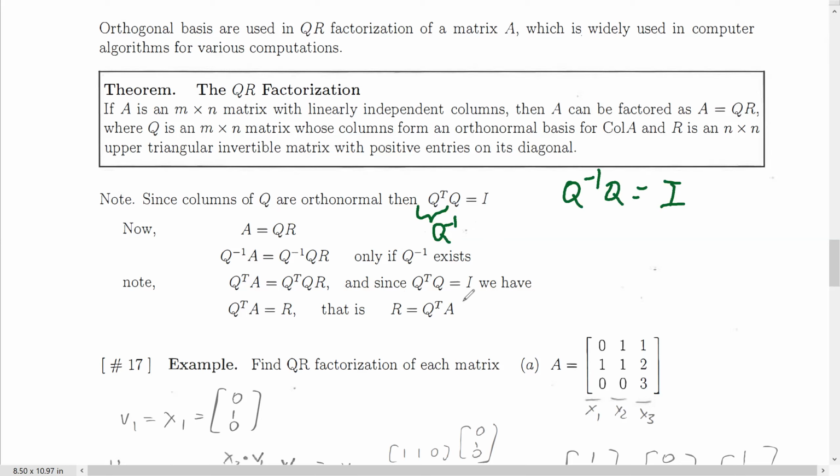But Q inverse is the transpose, so I have Q transpose A equal to my matrix R. That is how we're going to calculate the matrix R. First, we find the matrix Q. Then we transpose it and multiply times A, and we will obtain R in the QR factorization. Factorization means product, right? A product of two matrices. That's why we call it QR factorization.